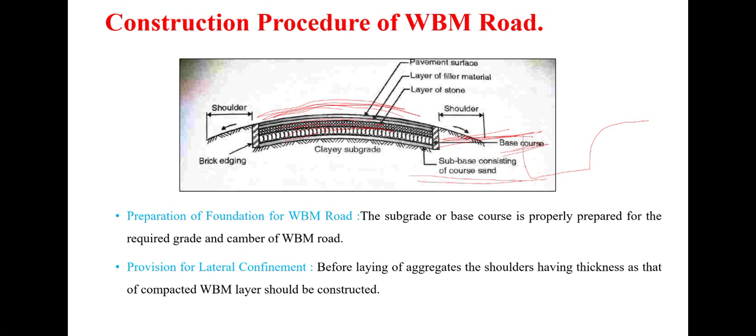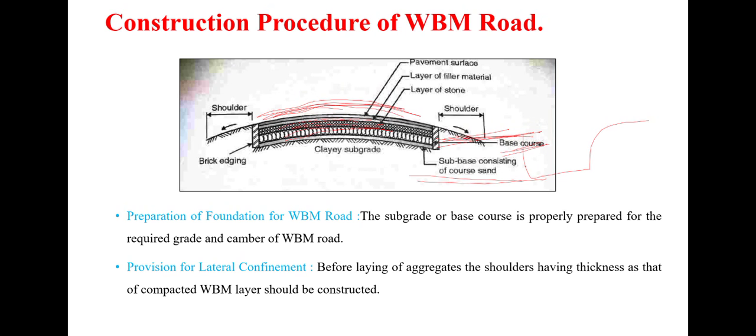So this is your first step for construction of WBM road. Second, provision of lateral confinement. For providing lateral confinement of aggregate, the shoulder having thickness equal to that of the compacted layer should be constructed in advance. This is the main important point. Good earth or murum may be used in the construction of shoulders.